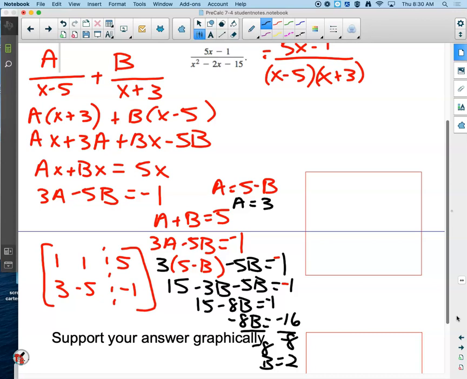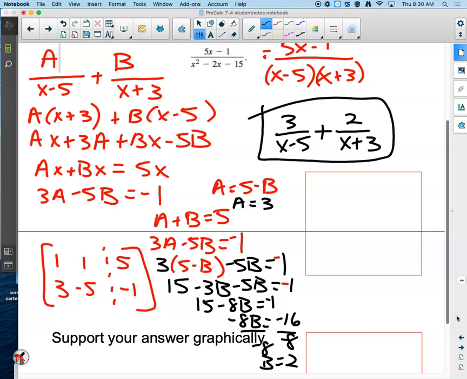Now, we're almost done, but we didn't write down what those two little fractions are yet. So 3 has to go up here. And 2 has to go up here. And there's our partial fraction decomposition.